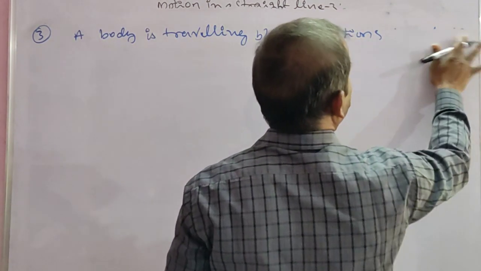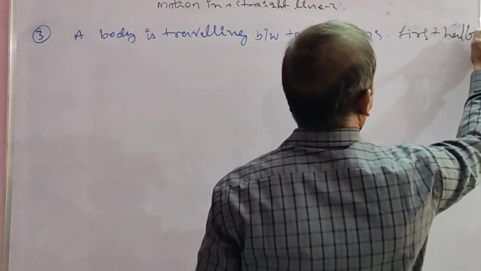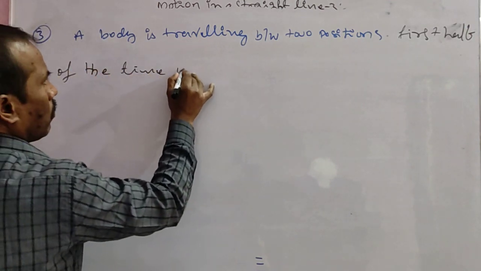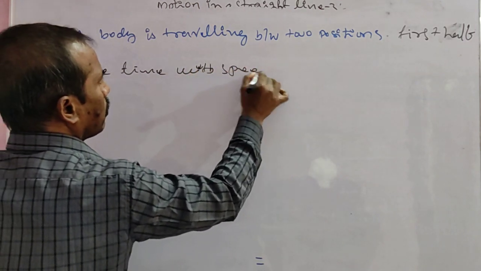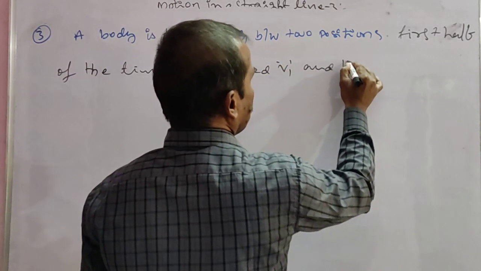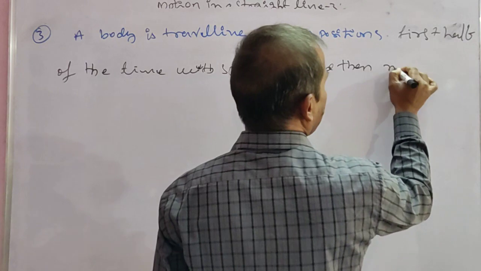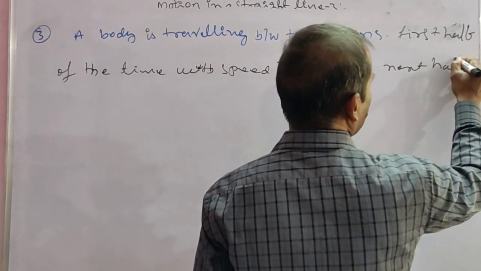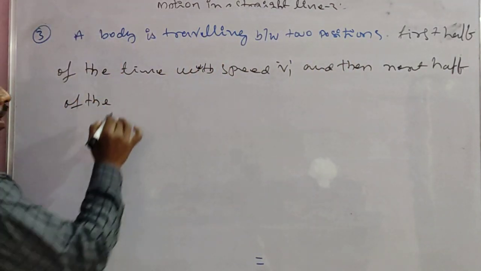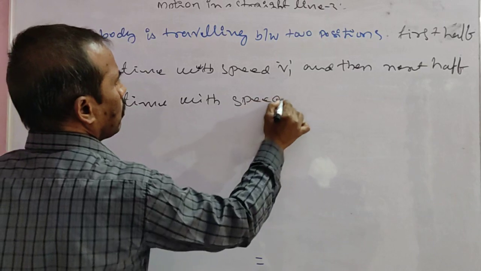The first half of the time with speed v1, and then the next half of the time with speed v2.